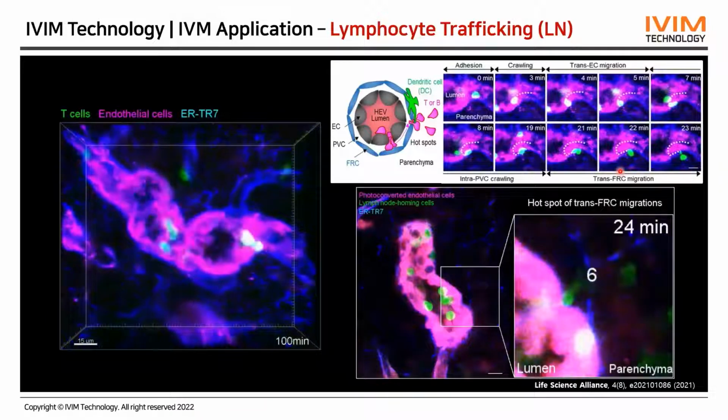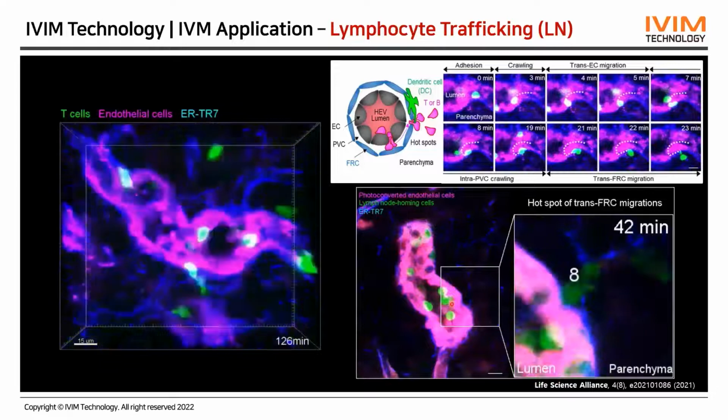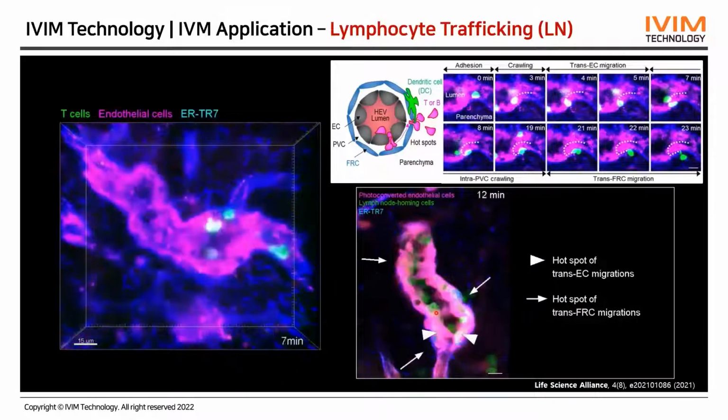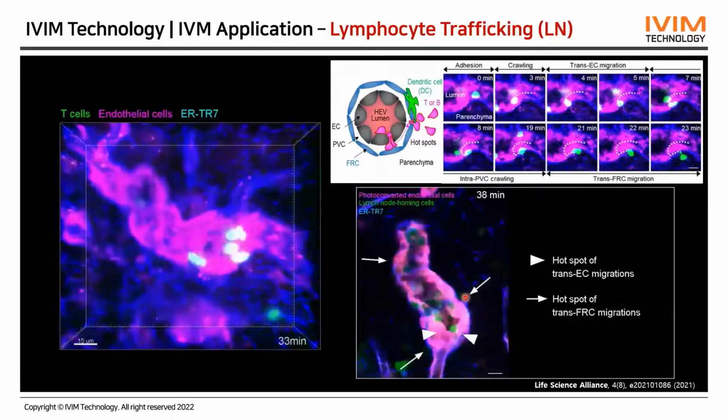And moreover, long-term monitoring of the endogenous T cell and B cell migration clearly shows the existence of trans-EC and trans-FRC migration hotspots in HEVs.